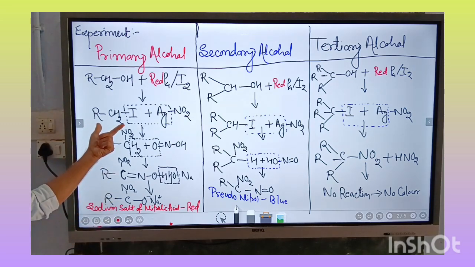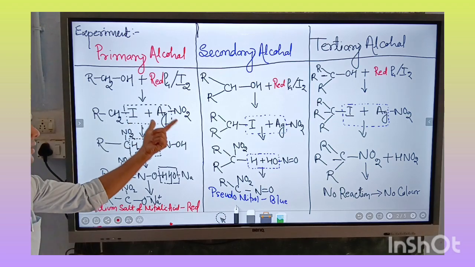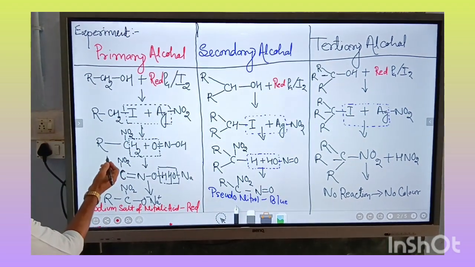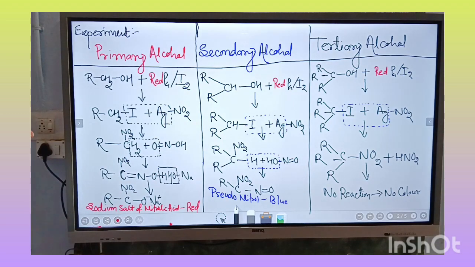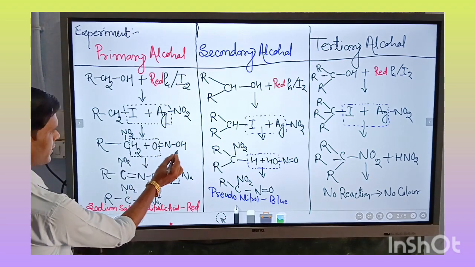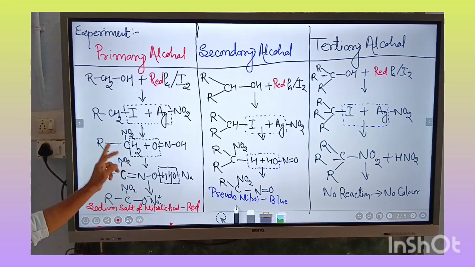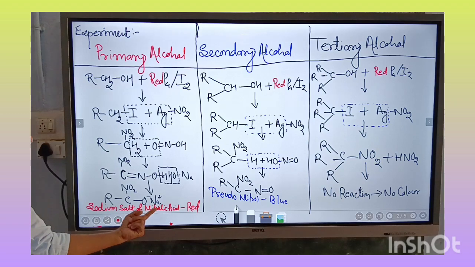This iodoalkane is treated with silver nitrite solution, giving nitroalkane, and this nitroalkane is treated with nitrous acid and gives us nitrolic acid, and making this nitrolic acid alkaline gives the sodium salt of nitrolic acid, which is red in color.